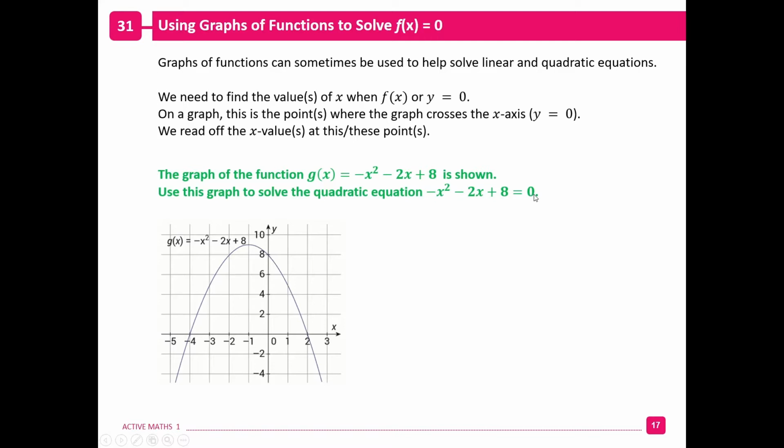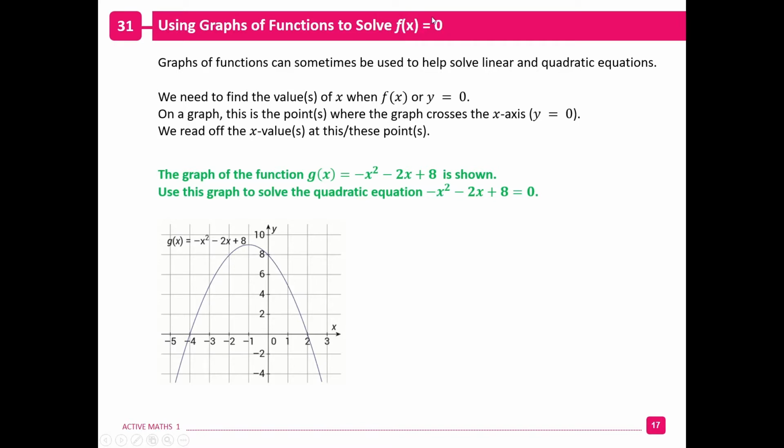Now, we have solved quadratic and linear equations before without a graph. We've solved them using algebra. So hopefully some of this might be a little familiar, but it's much easier to do when you have a graph. So in an exam, you might be asked to either find the solutions or solve the quadratic equation, or simply to solve f of x equals 0.